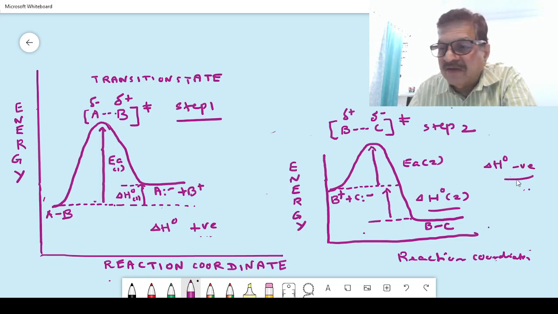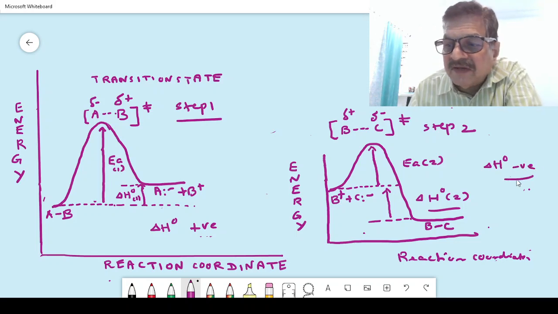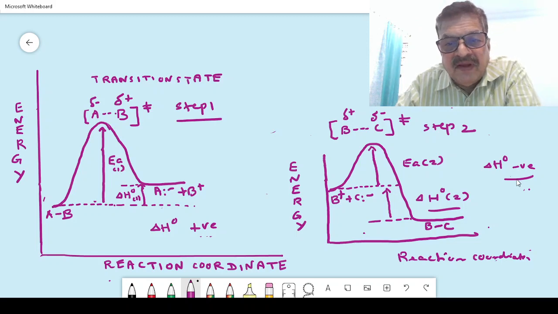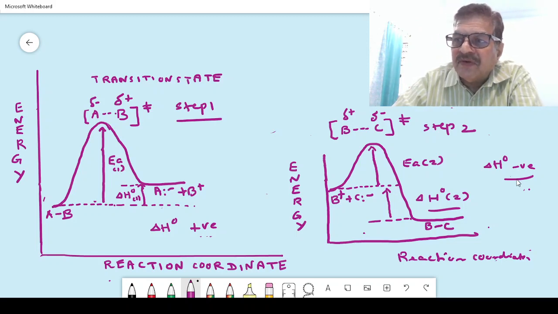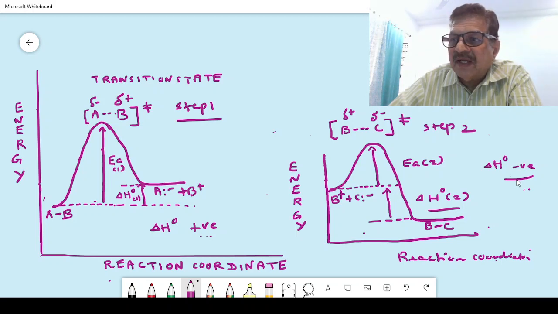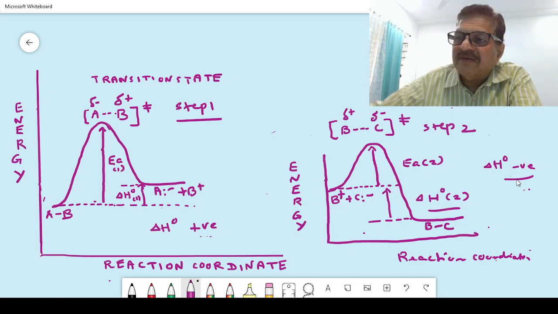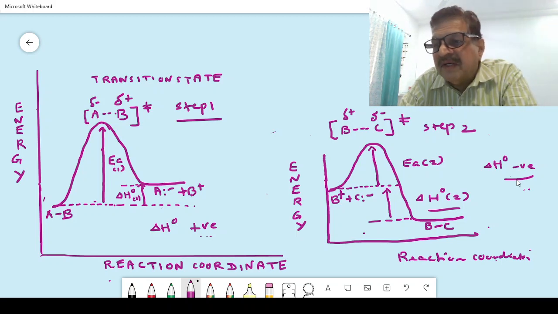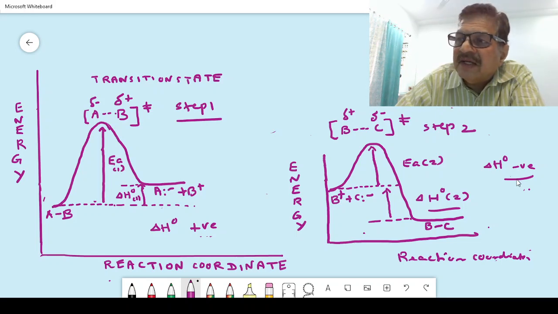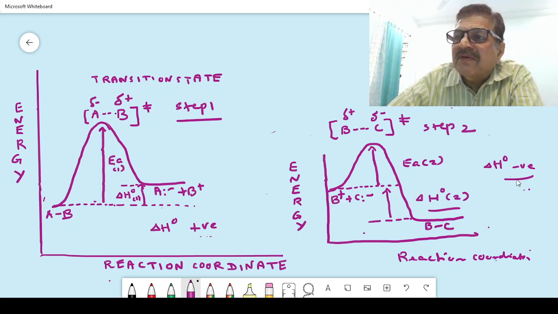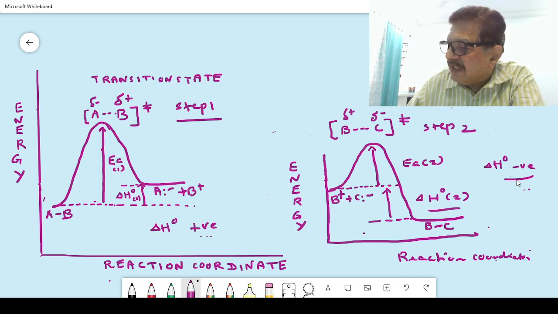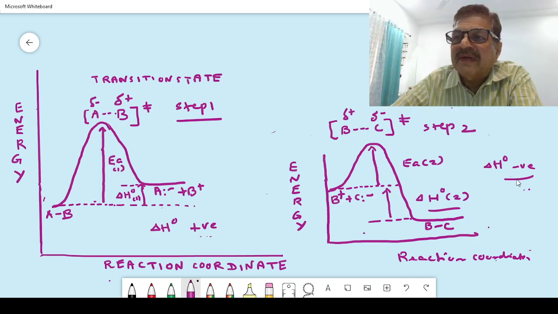Delta H positive, delta H negative. One is endothermic, the other one is exothermic. Okay, so this is the way we have to draw the energy diagrams. Now, if you want, we can combine both together and draw a combined energy diagram. So I think you can attempt it by yourself.